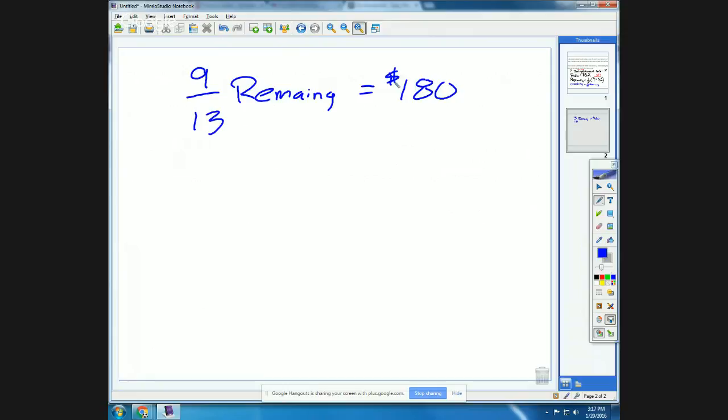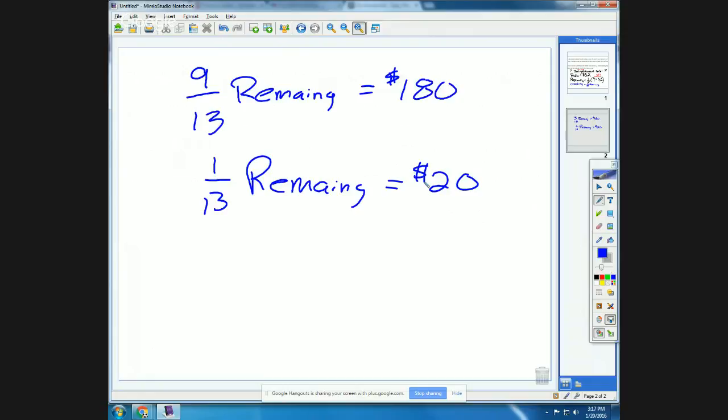So one of those pieces has to be $20. So if we divide that 9 to the other side, 1/13 of whatever's remaining at that point has to be equal to 180 over 9, which is 20. So then we can hopefully back up and go from there.